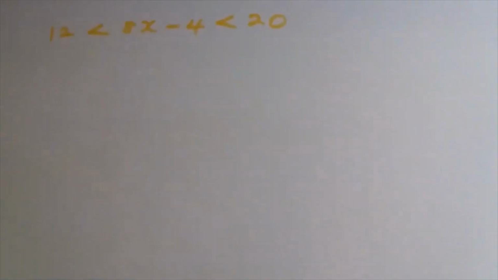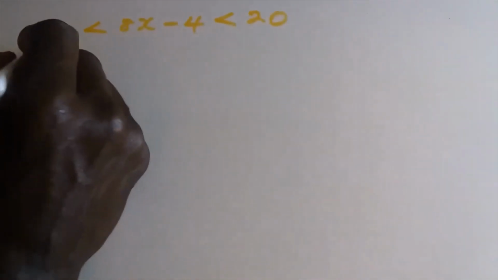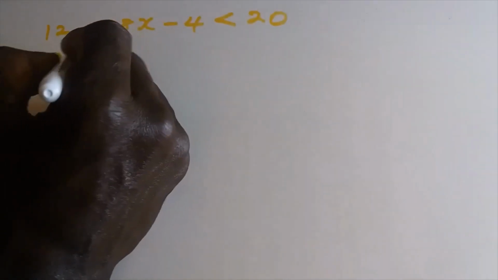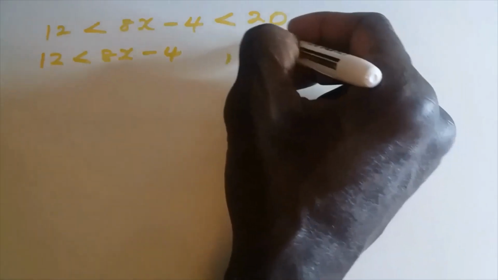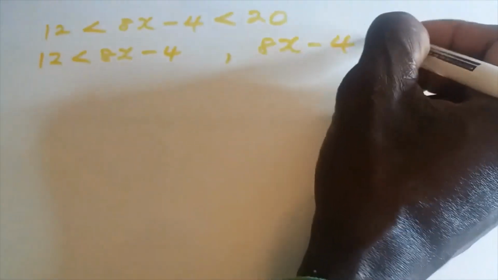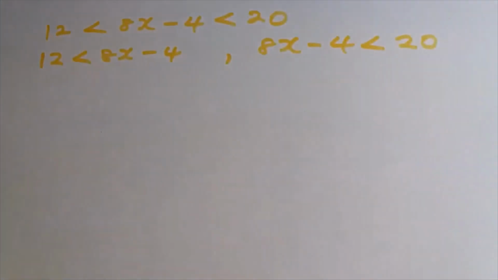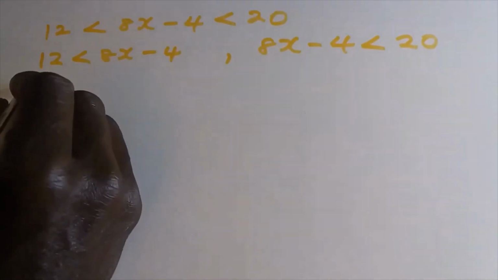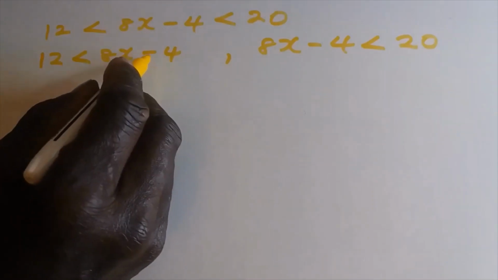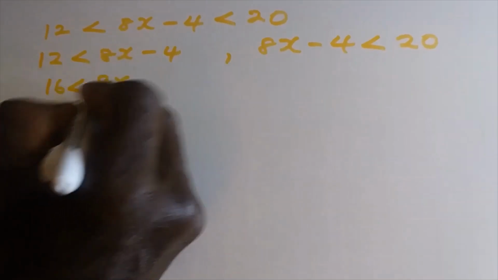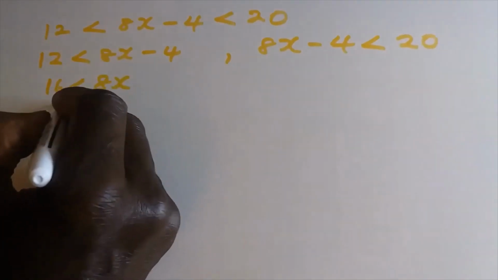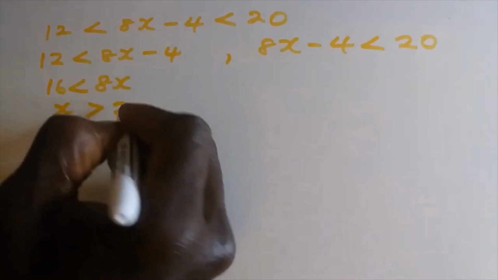And this is our final inequality that we'll be looking at today. We have two inequalities. We have 4 less than 8x minus 4, and the other is 8x minus 4 is less than 20. Rearranging this, it becomes a positive 4 if we move it on this side, so we have 16 is less than 8x, which means x is greater than 2.